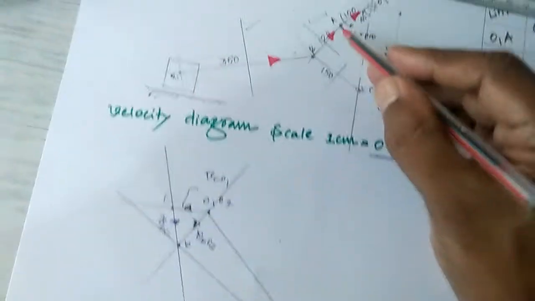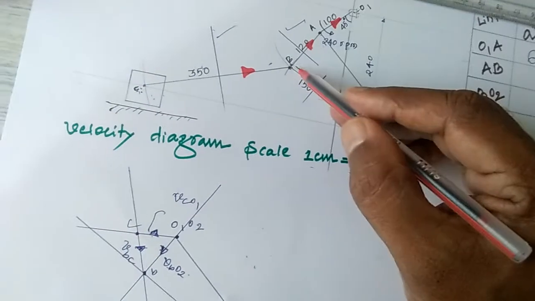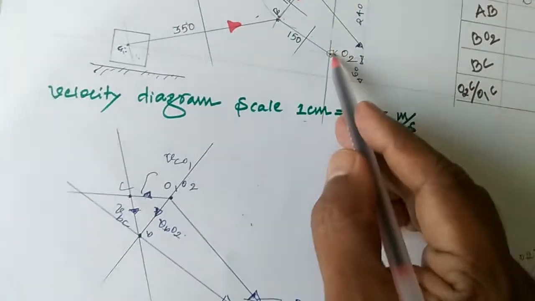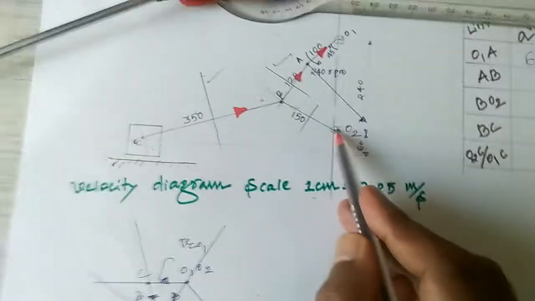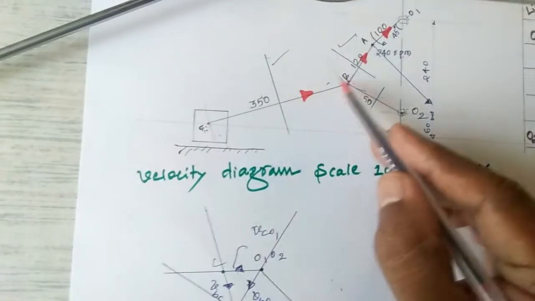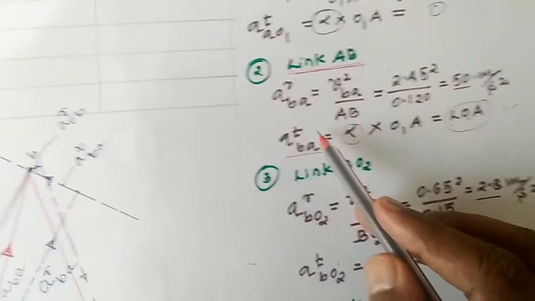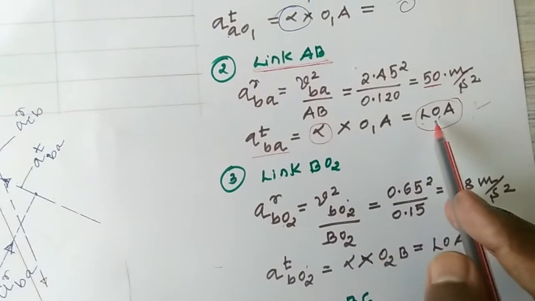For the remaining links, you have to take two components. For AB, take two components, radial and tangential. For BO2, take two components, radial and tangential. For CB also, take two components, radial and tangential. Generally, the tangential you always take along the line of action only.